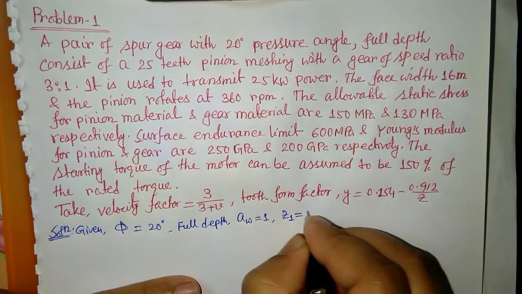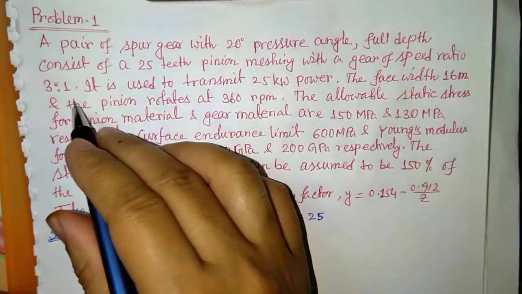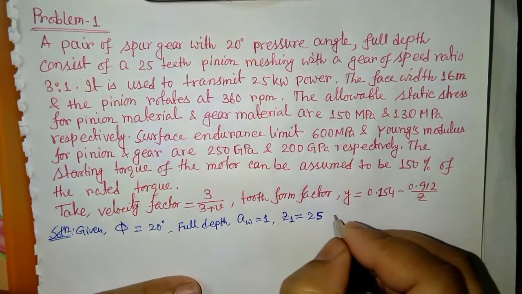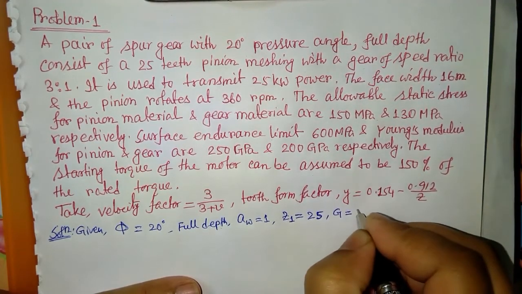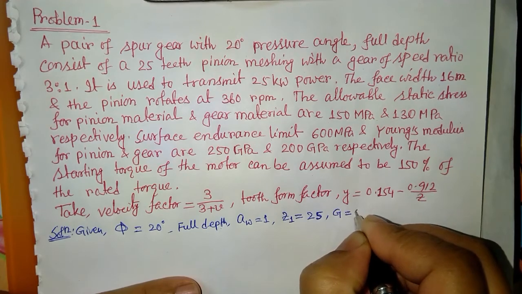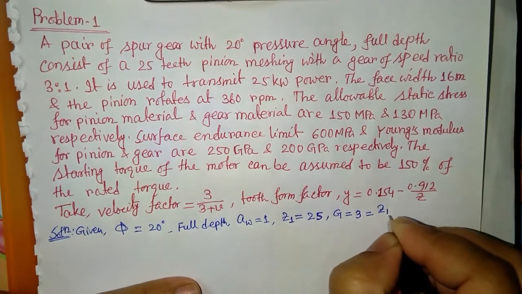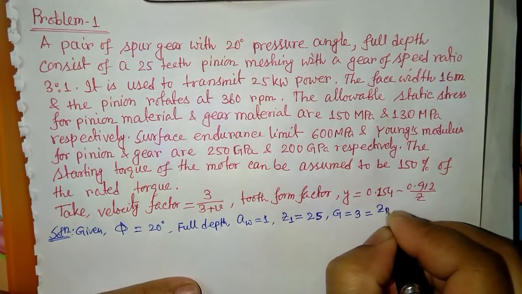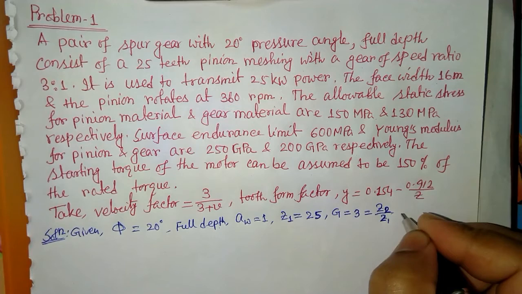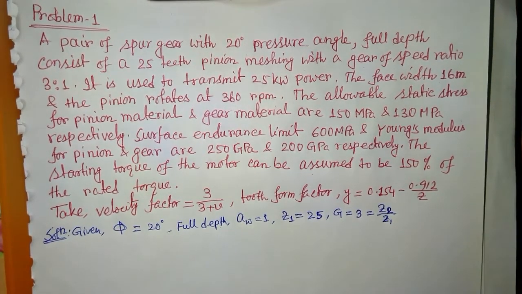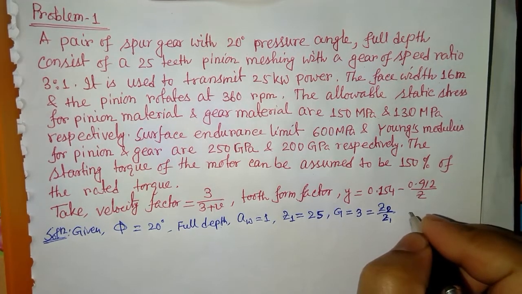So Z1 is equal to 25. Meshing with a gear of speed ratio 3:1, means this is our gear ratio, this is 3, and this we can write as Z2 by Z1, or similarly N1 by N2, that is our speed ratio.